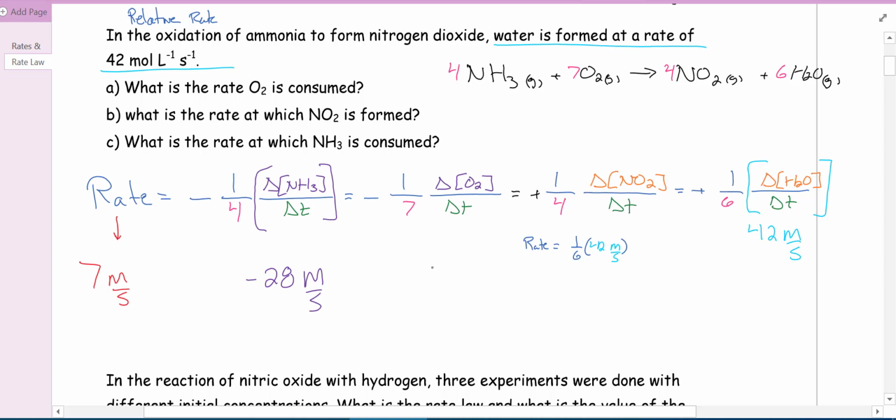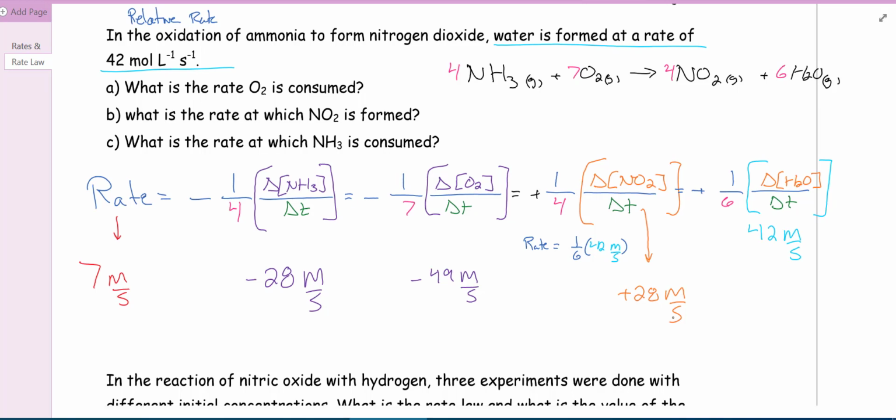Oxygen would be negative 49 molarity per second, because negative 49 times negative 1 over 7 is 7. NO2, this number right here is 4, so that would be positive 28 molarity per second. So that's the relative rates at that time, and that's all relative rates are.